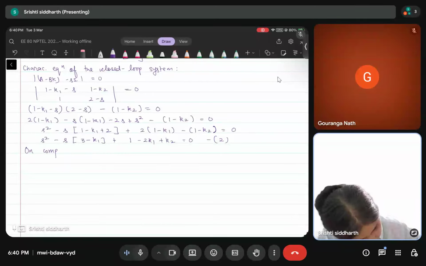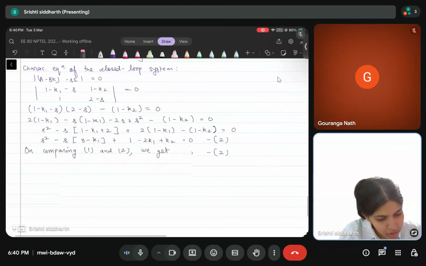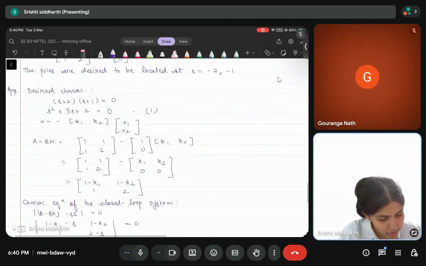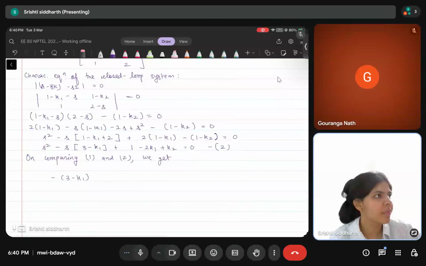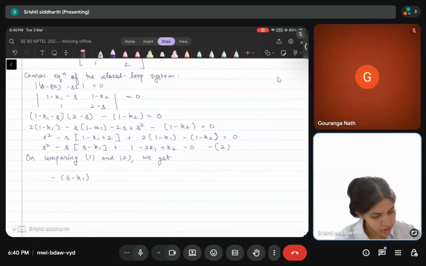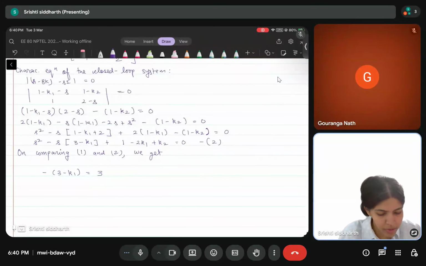So I'm comparing both the equations. First one is we get 3 equals minus 3. Let me check this one.